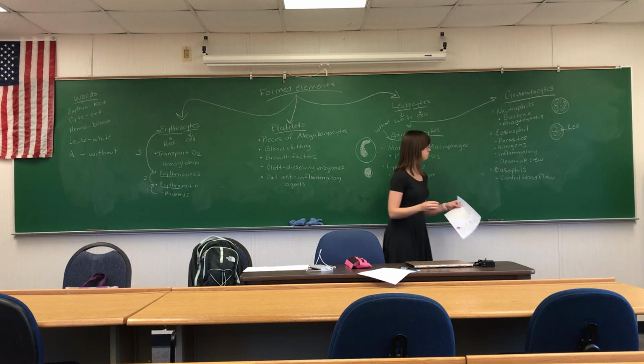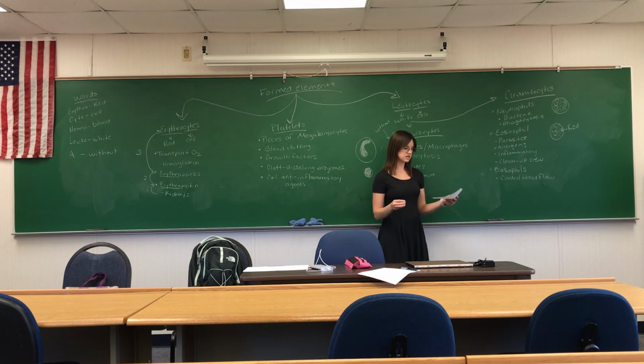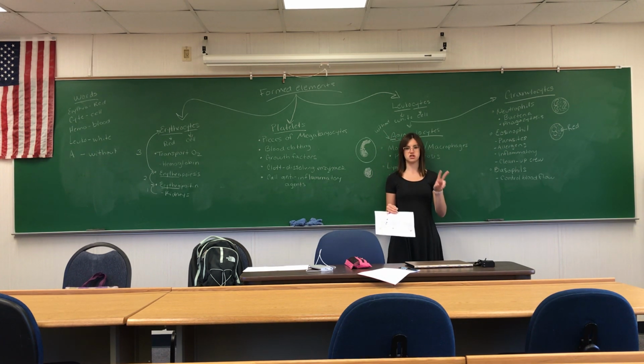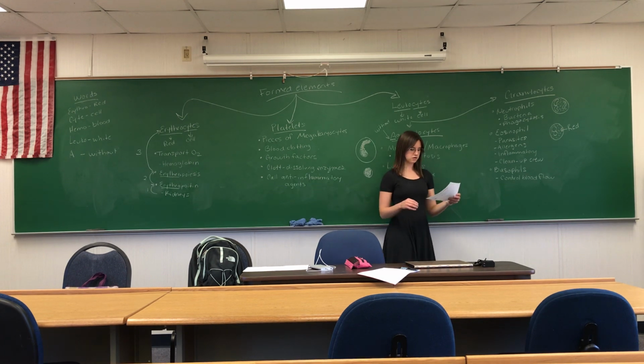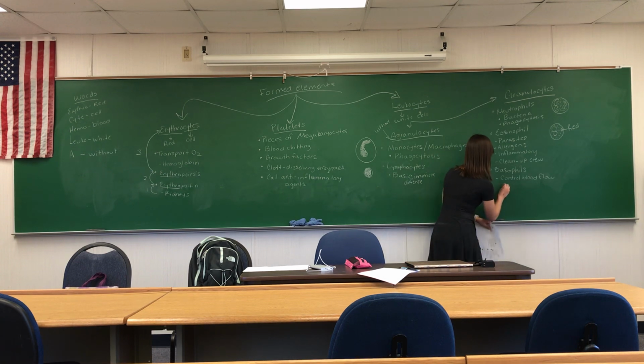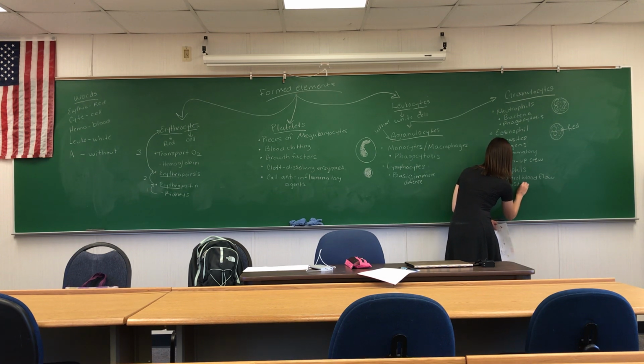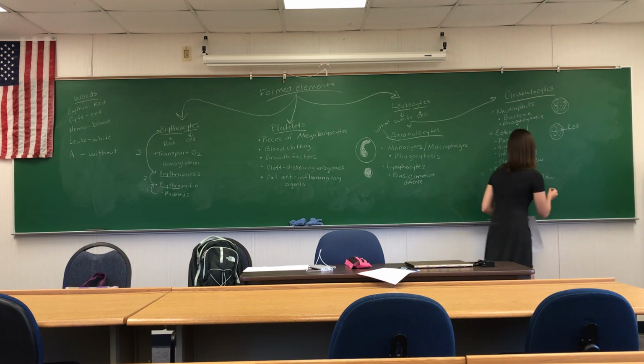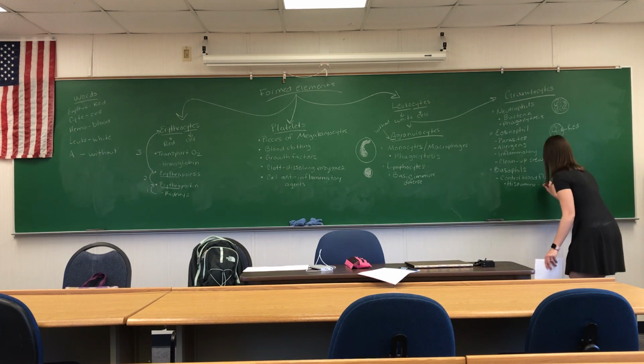They control blood flow by releasing their two H's, two words that start with H. They release histamine as the first one. So histamine is the first one, and why would we release histamine? Because histamine is a vasodilator.